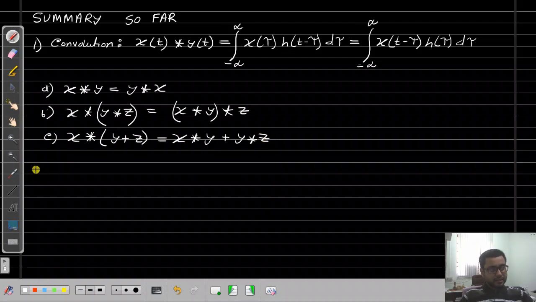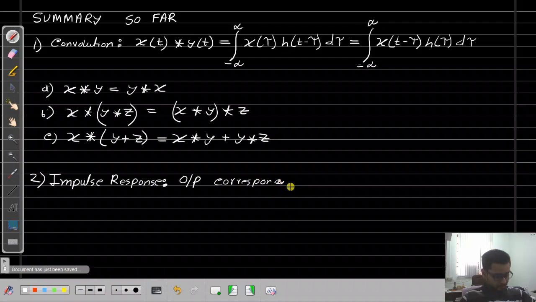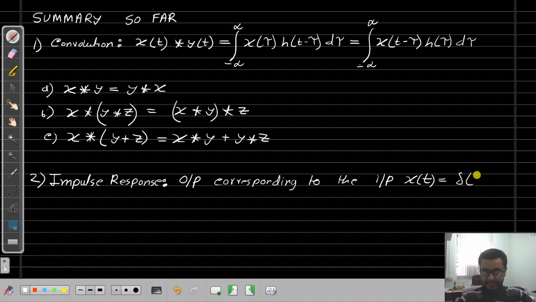Next, impulse response. This is nothing but the output corresponding to the input x(t) equal to δ(t).